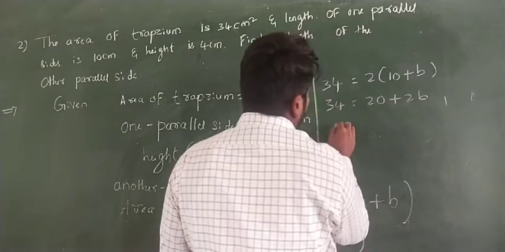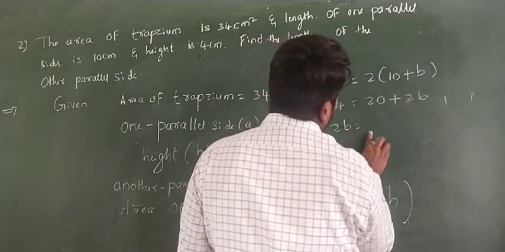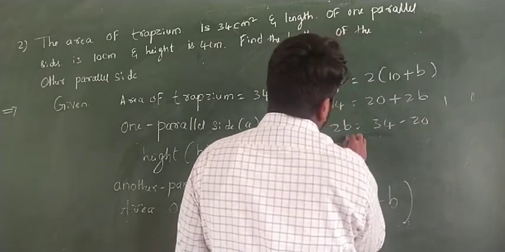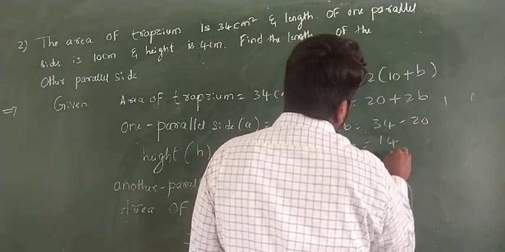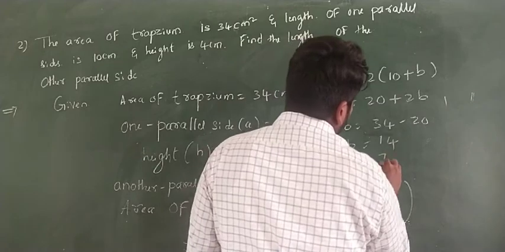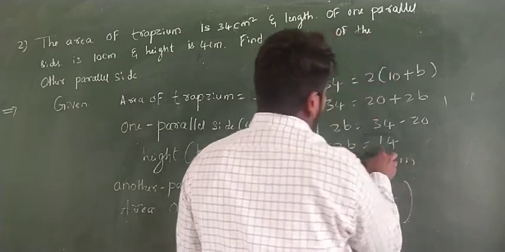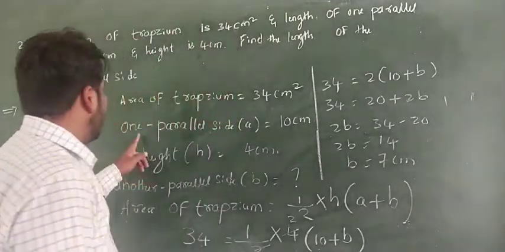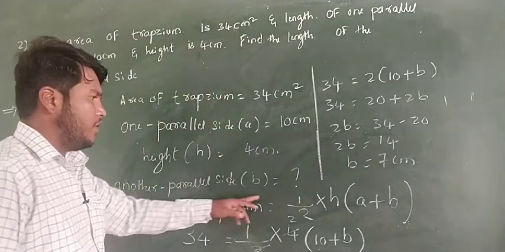So 2B is equal to 34 minus 20, that is 2B is equal to 14 and B is equal to 7 centimeter. So 14 divided by 2 you get 7 centimeters.